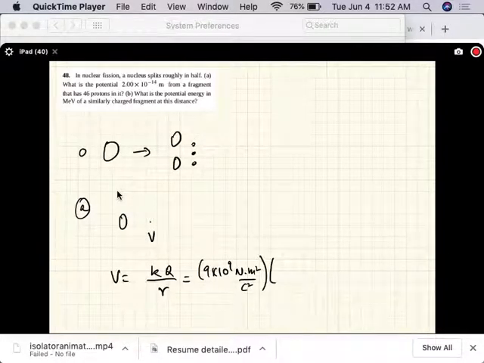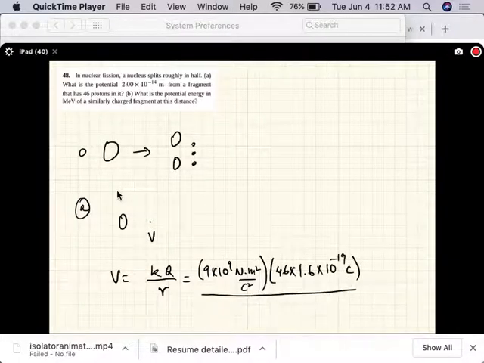The charge is 46 E, 46 times the charge of an electron, divided by the distance 2 times 10 to the minus 14 meters. So that's the potential at that location.